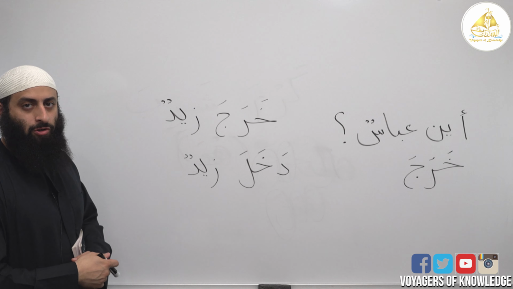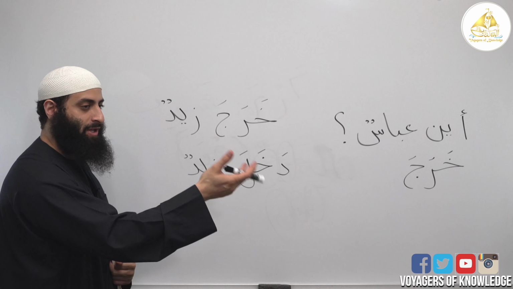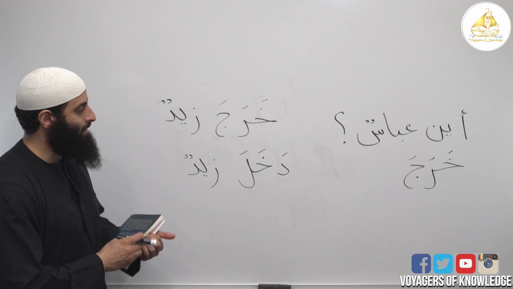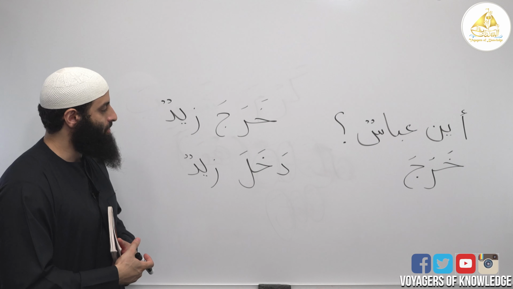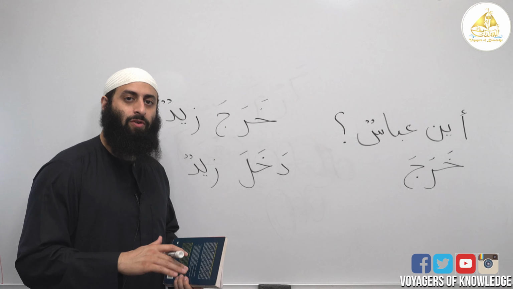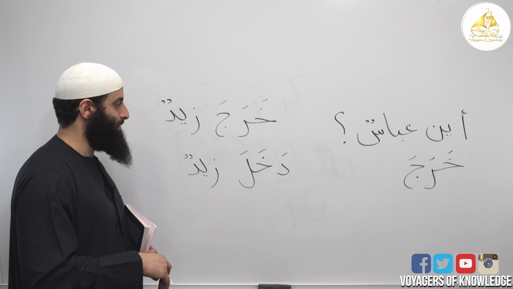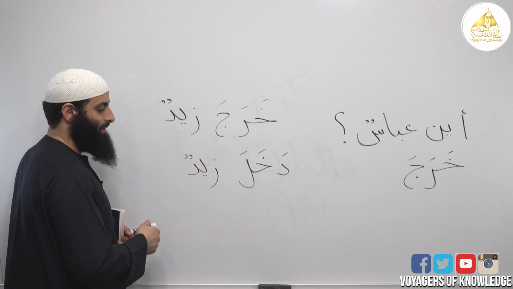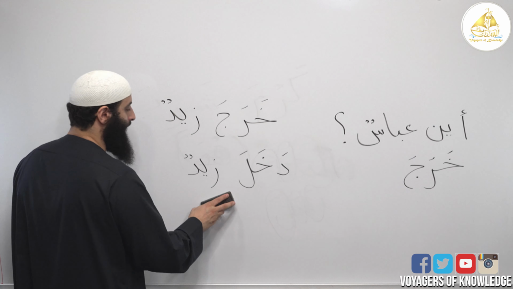So today you're learning how to say he went out and he entered. Now there are a few other things I want to share with you, but it's very, very important to get verbs down from the very beginning and don't let them intimidate you. Kharaja Zayd, dakhala Zayd.